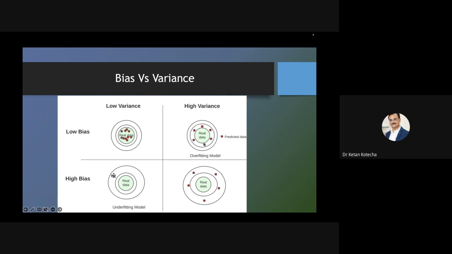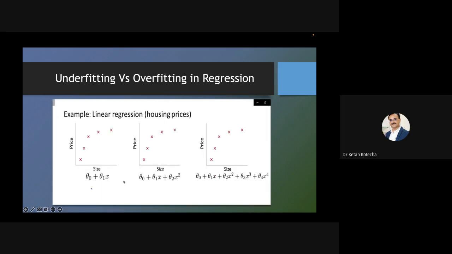Overfitting means your training is good on average. If you take an average, they are closer. The average is 0. They are closer to real data because this is an error, this is an error, but the average is 0. But they are predicted data, and they are still away from the real data. It means your testing error is very high, and that should not be the case. And of course, this is not a model at all. So both of the things should be avoided: underfitting and overfitting.